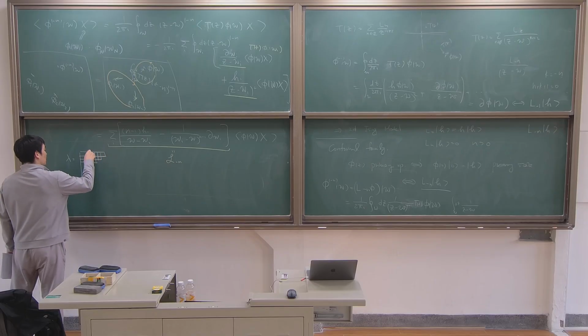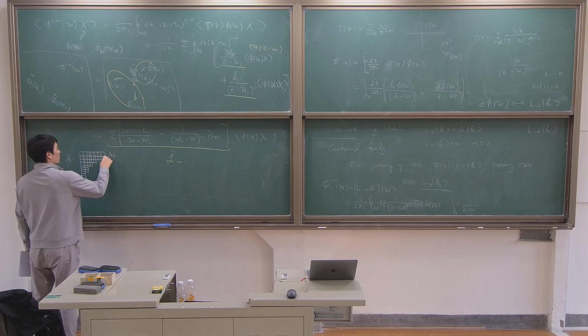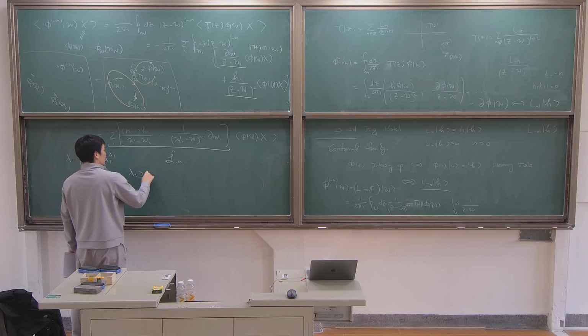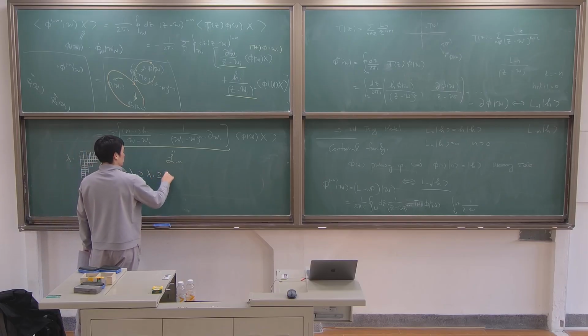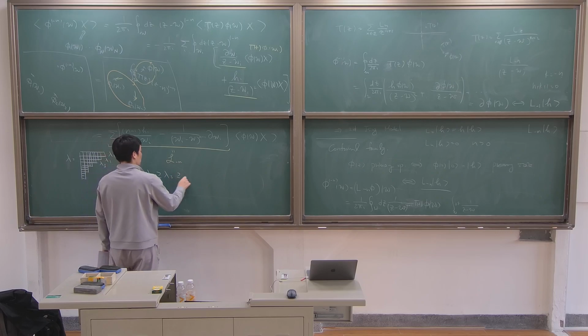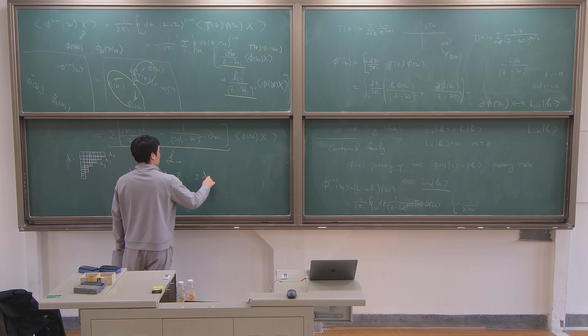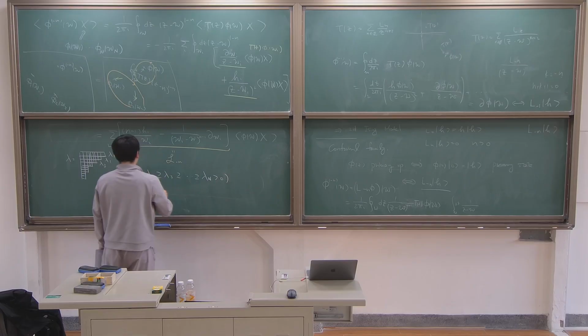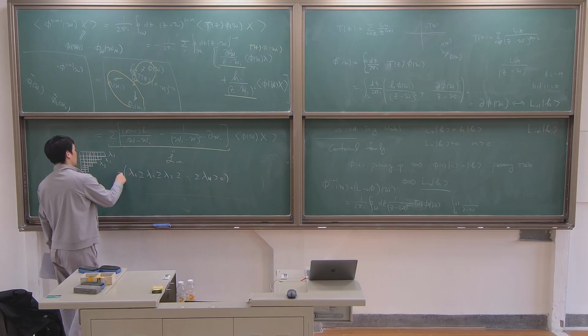Anyway, so this kind of Young tableau you can consider. So this is lambda 1, lambda 2, lambda 3, the number of boxes, and so on. So that corresponds to this ordering this way. Like this one. So this is a Young tableau.